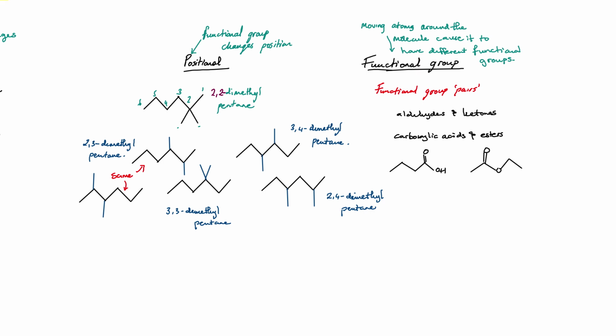This is an ester. This is a carboxylic acid on the left and an ester on the right, I should say. This carboxylic acid is butanoic acid. And the ester that we've got here, so this is the ester.